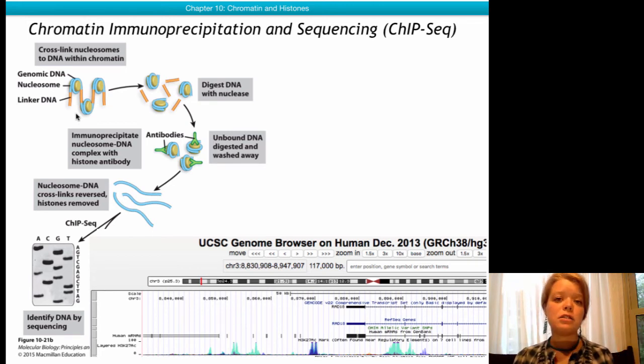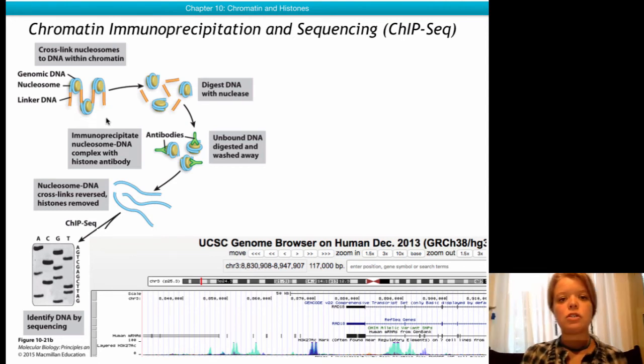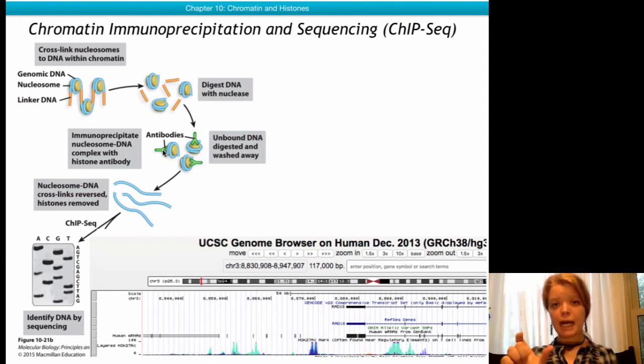So we have isolated histone tails from histone 3 with the K9 acetylation modification, and we have raised antibodies against them, either by injecting them into rabbits or doing it in cell culture. So we have these antibodies that will only bind the histones that have the H3K9 acetylation modification.